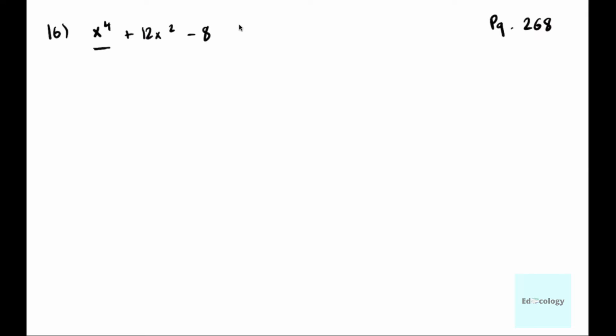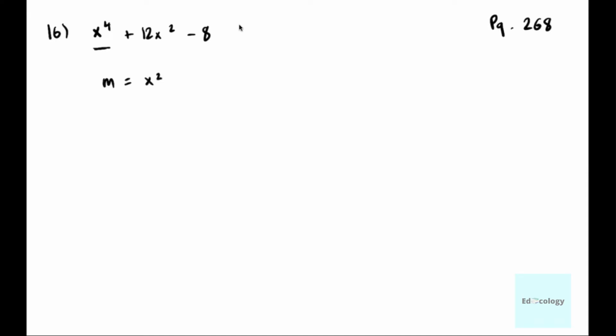4 minus 2, 2. So we will write m is equal to, we will choose any variable. It could be m or c or e or d, anything. I'm going to use m in this case, and I'm going to write it as x squared.